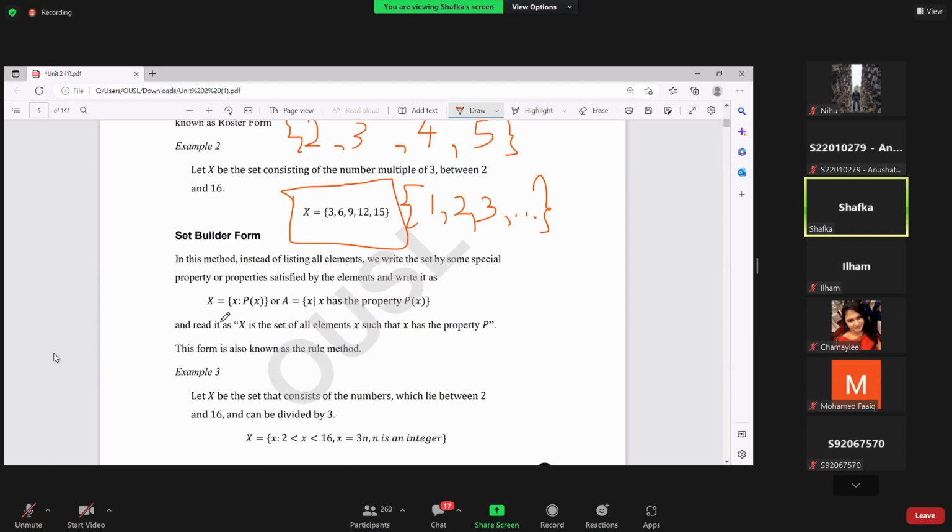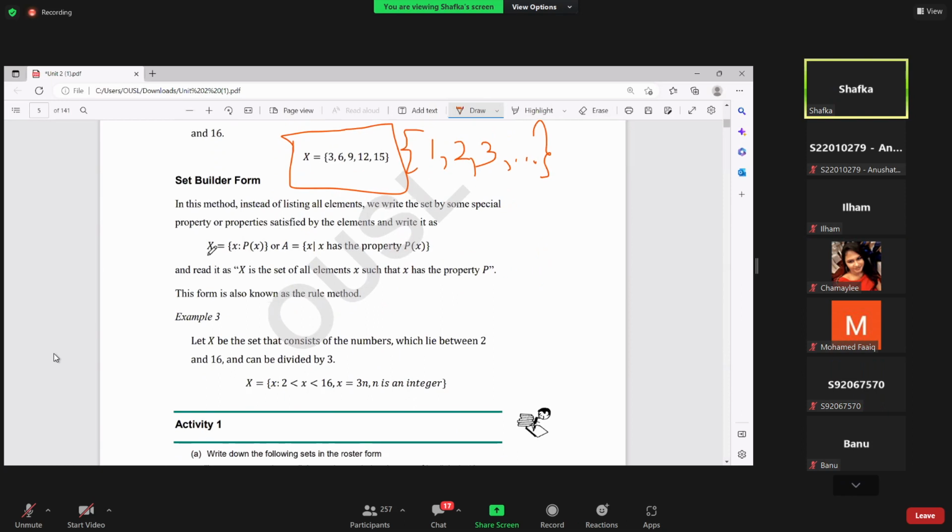Okay, the set builder form: instead of listing all elements, we can write the set by some special property or properties that satisfy the elements, and write it like this. Here capital X is the set, and small x is the element which satisfies P(x).